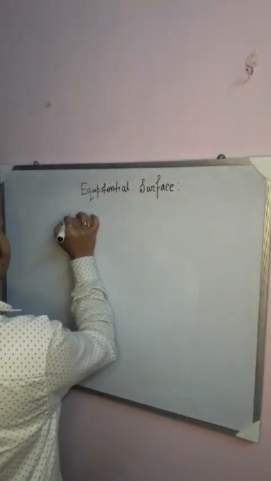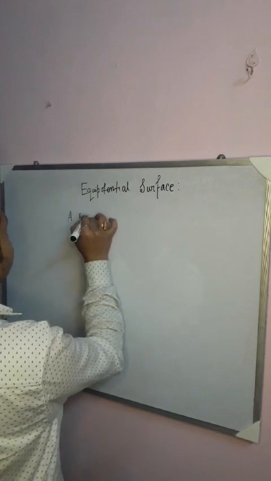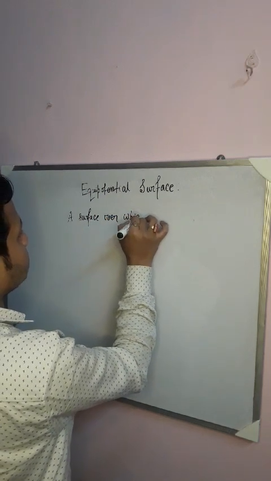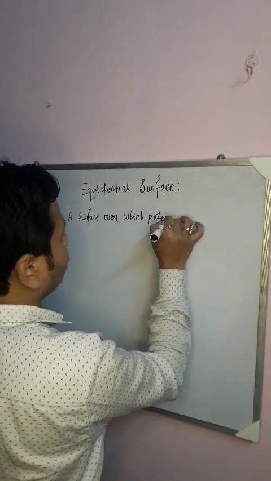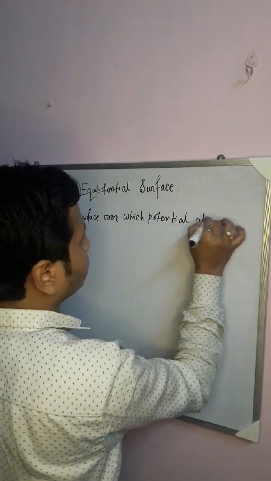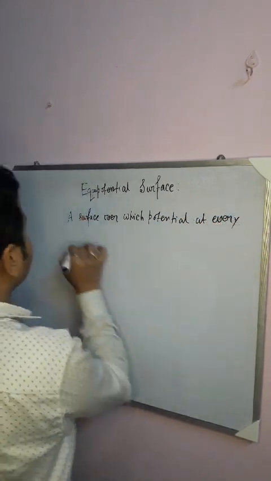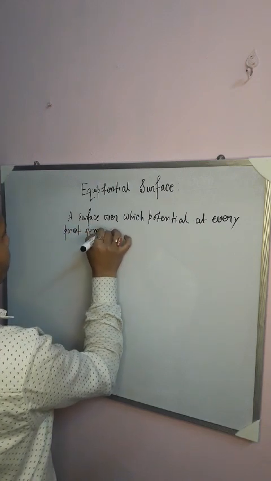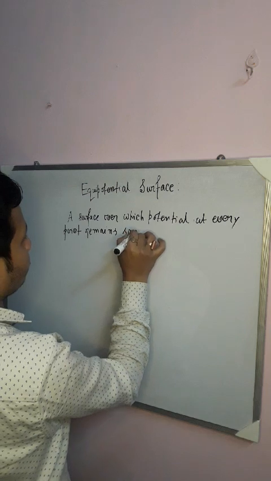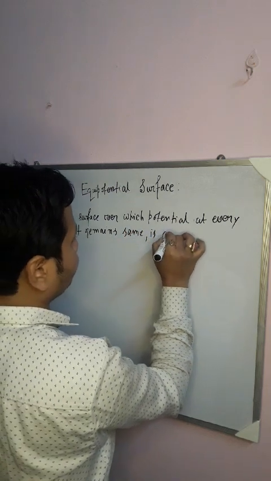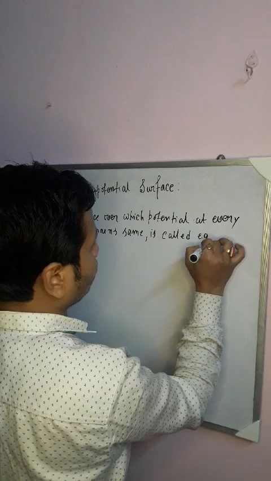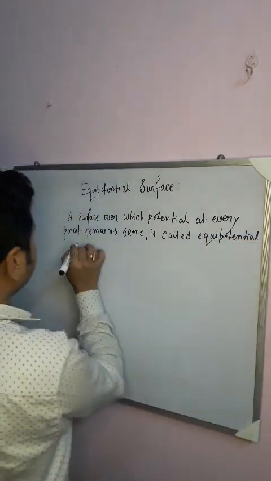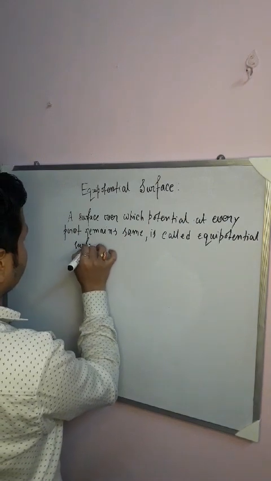Okay, so a surface over which the potential at every point remains the same is called an equipotential surface.